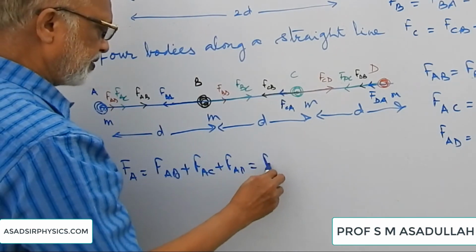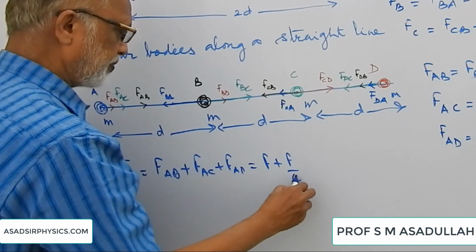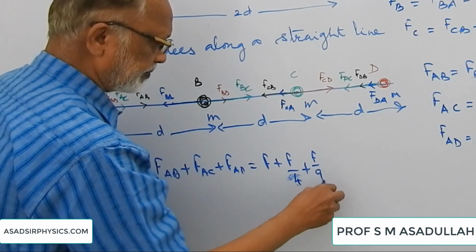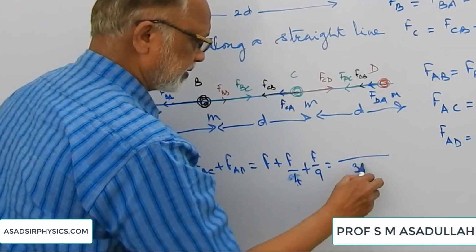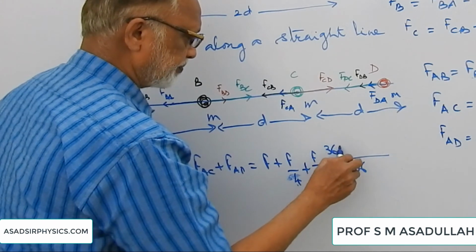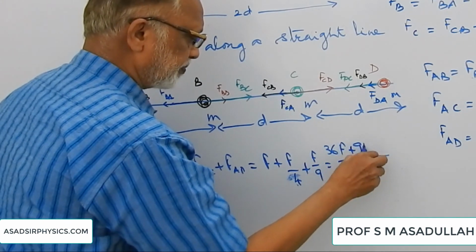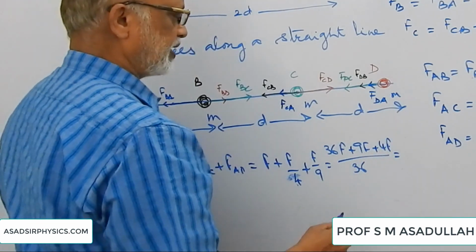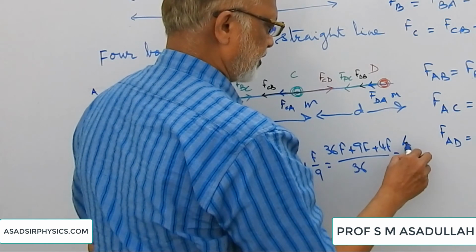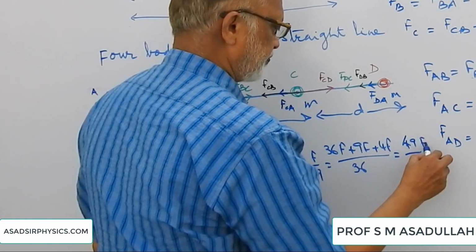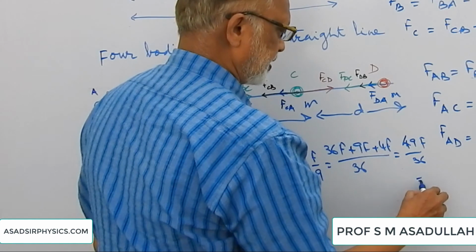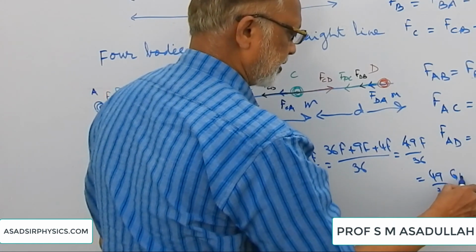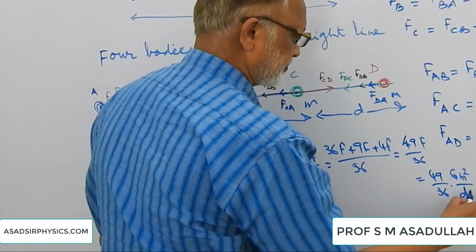So this is F plus F by 4 plus F by 9. LCM is 36. So this is 36F plus 9F plus 4F, that is 49F by 36, that is 49 by 36 times F, where F is G m square by d square.